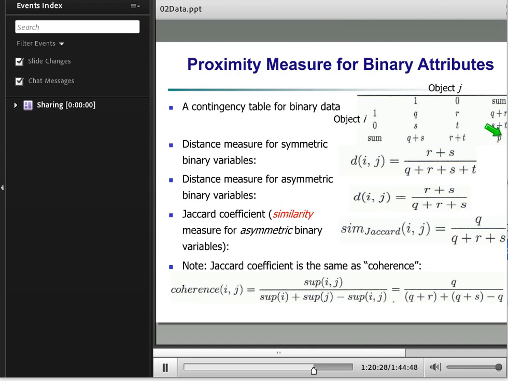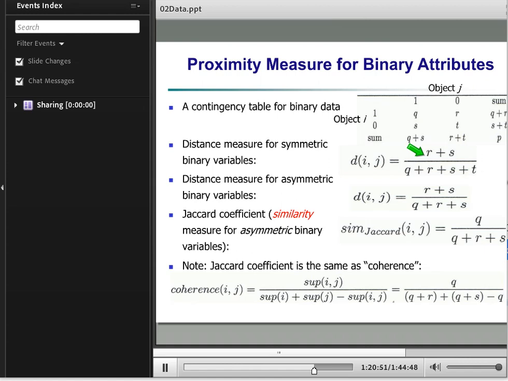So distance between I and J is R plus S, where R is I is 1 and J is 0, plus S, I is 0 and J is 1, divided by Q plus R plus S plus T, or divided by P.